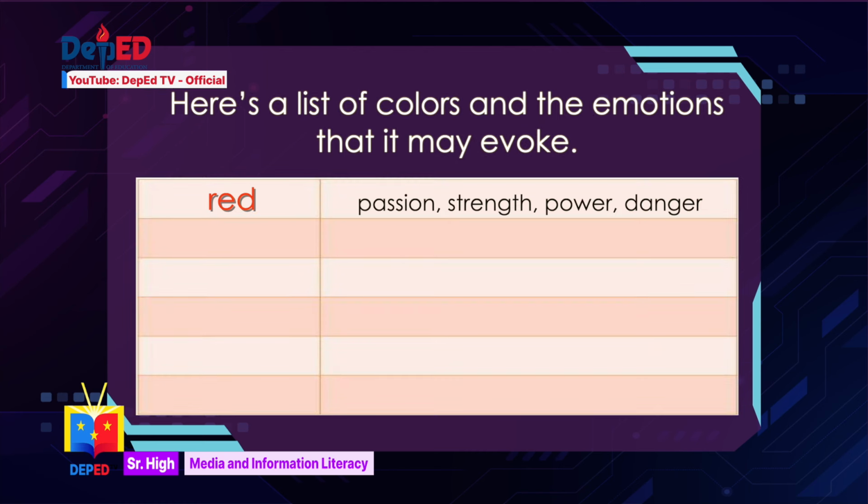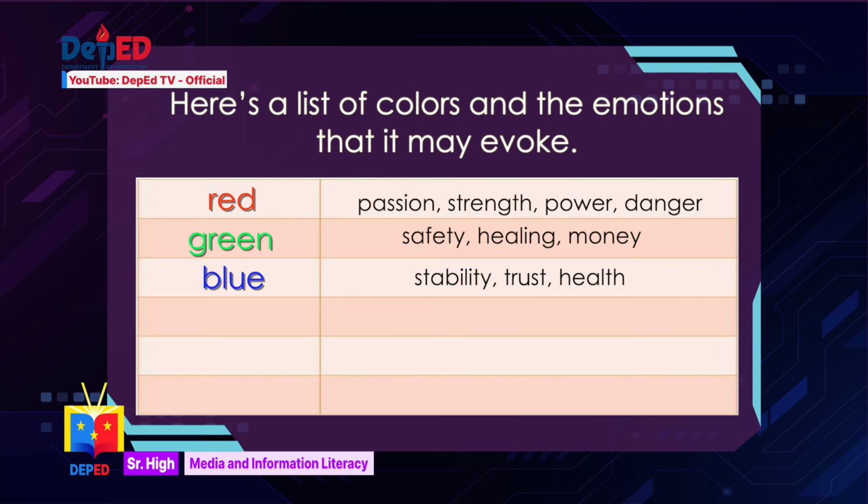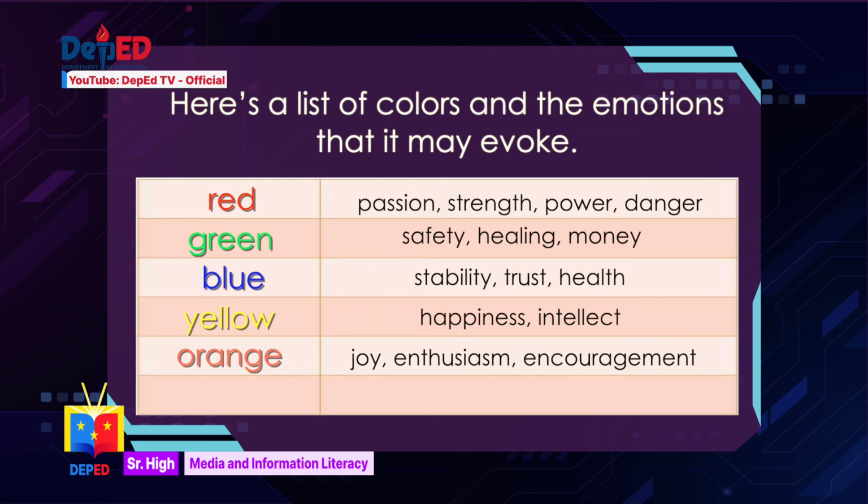Red evokes passion, strength, power, and danger. Green for safety, healing, and money. Blue signifies stability, trust, and health. Yellow for happiness and intellect. Orange evokes joy, enthusiasm, and encouragement. Brown evokes confidence and casualness.